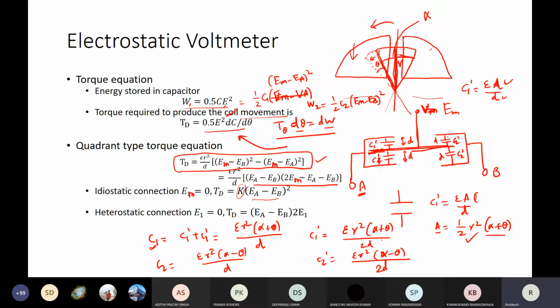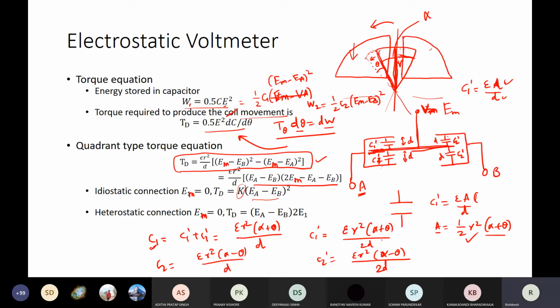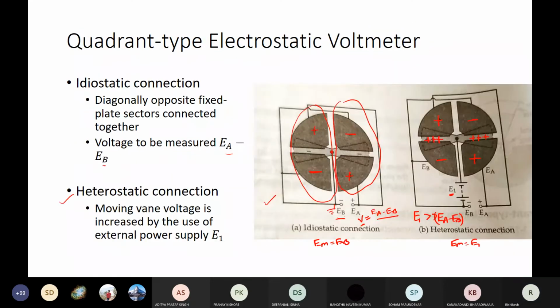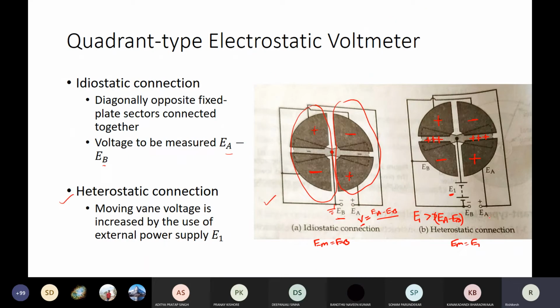Whereas in the case of heterostatic connection, your EM is again 0, where I have connected the voltage. Let's say I've connected like this. This is also grounded. This is V. So I'm measuring the voltage V using this instrument.